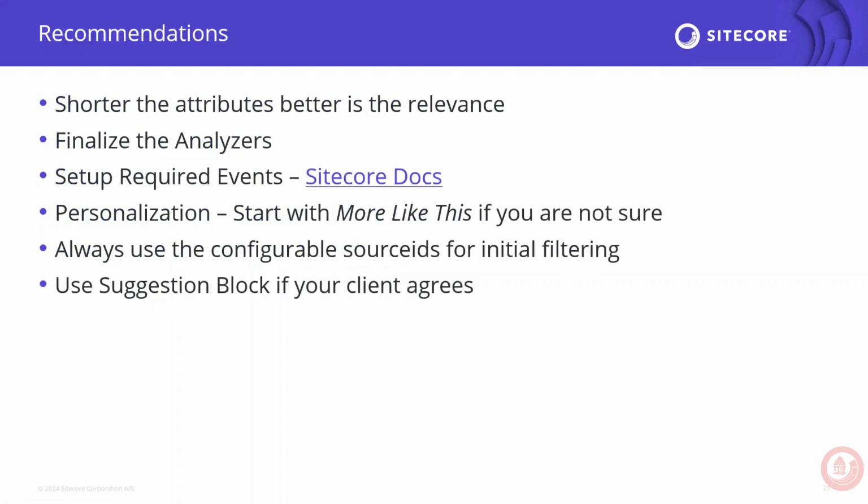From the recommendation perspective, these are the common recommendations that we make to all the partners or development teams: if the attributes that you're using for textual relevance are smaller, the results will be highly relevant. Then you should finalize your analyzer when you look into what sort of site search experience you want to give.